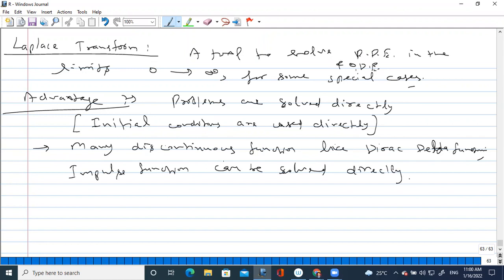So these are the benefits of this, but we will go directly to the definition.